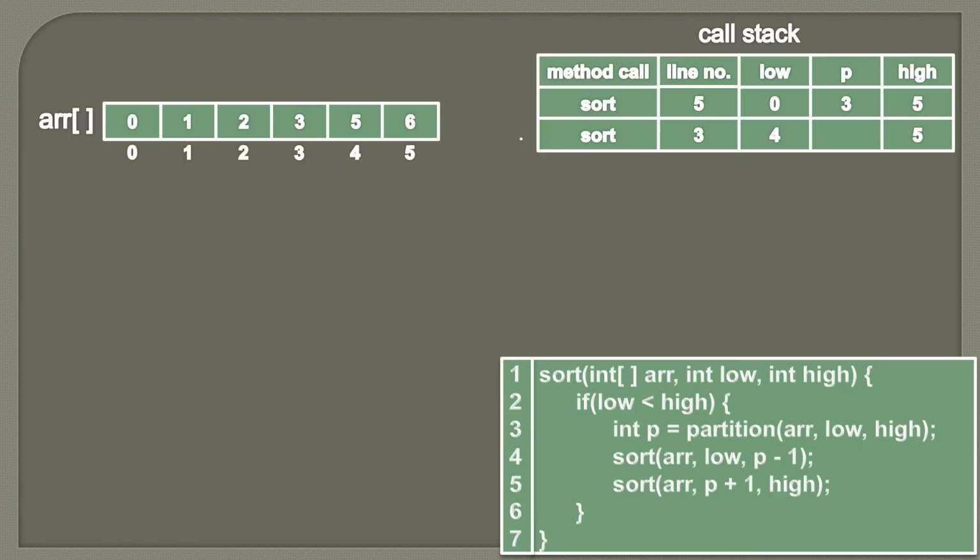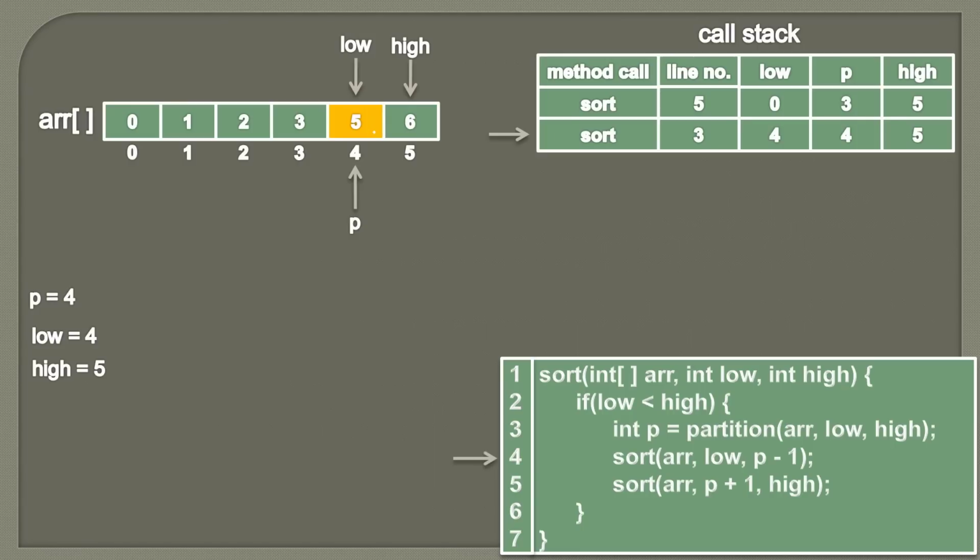So the execution point will reach here. We had left this sort method at line number 3. So we start it from line number 3. The partition method returned the value as 4. We have placed 4 here. So P becomes 4.